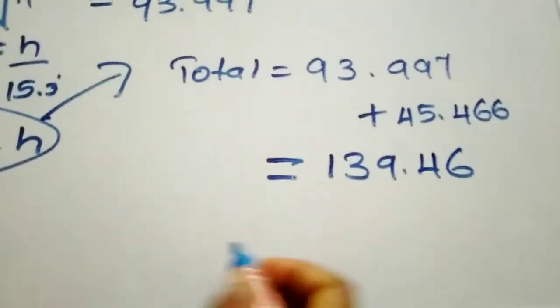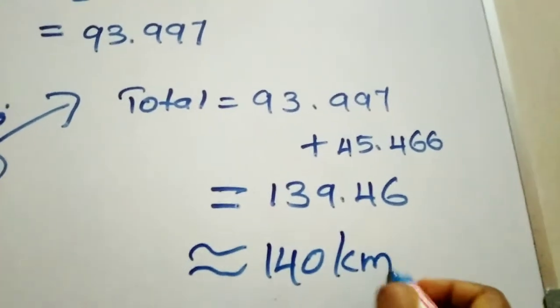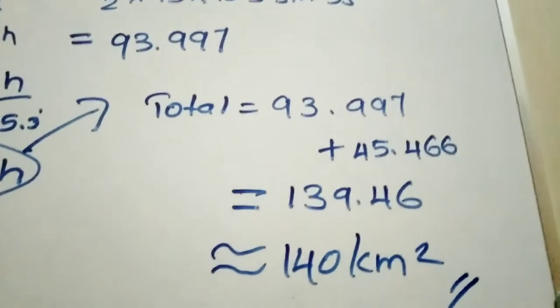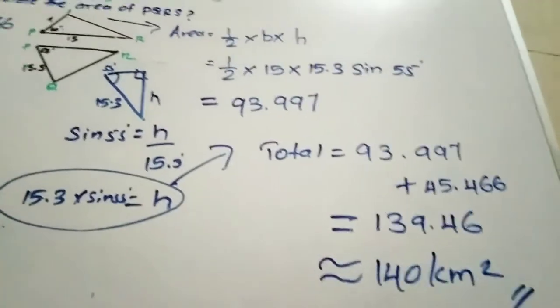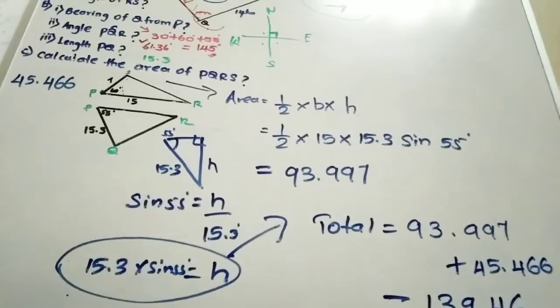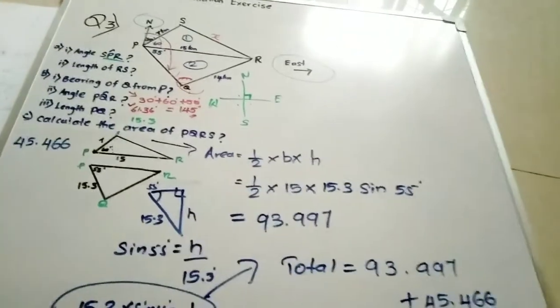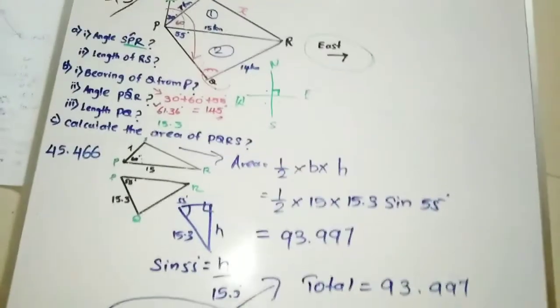It's approximately 140 kilometers square, or 140 square kilometers. We found the total area of PQRS. We have completely finished this question.